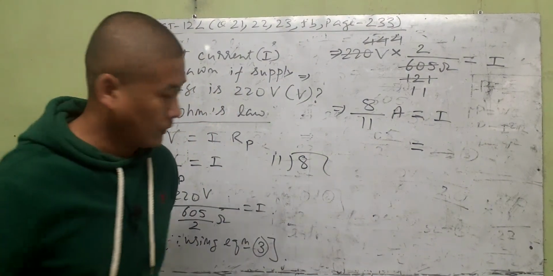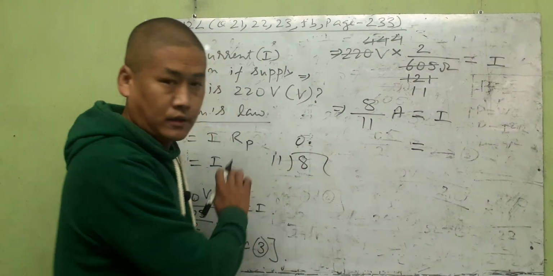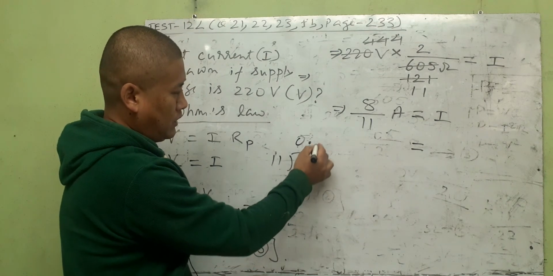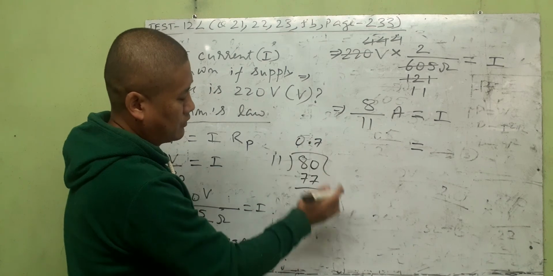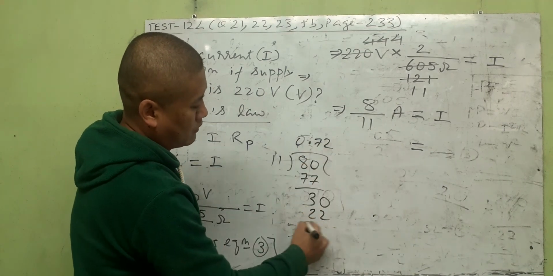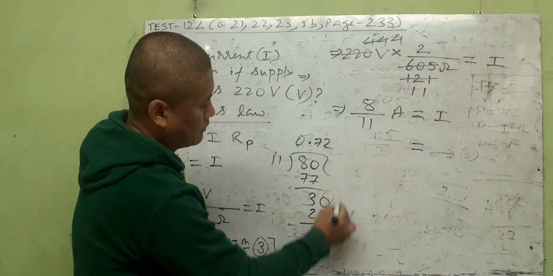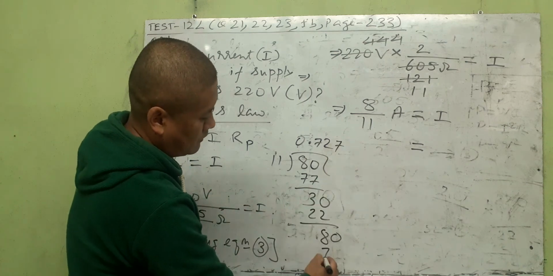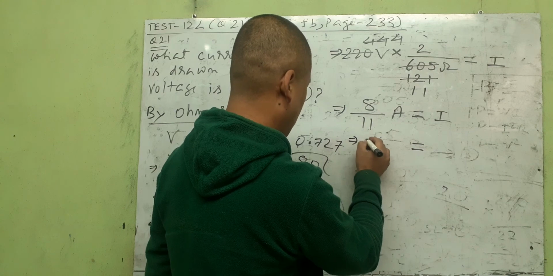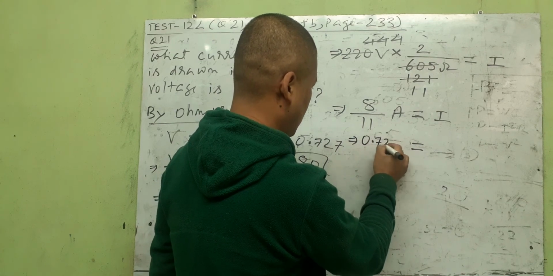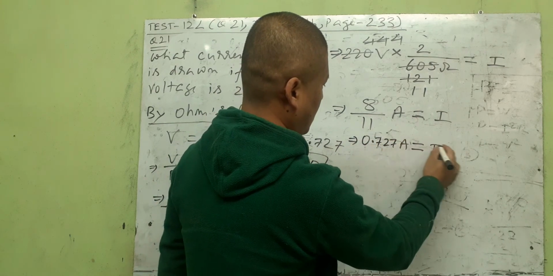So that will be equal to 8 divided by 11. So 0 point, because 8 is less than 11, then 1 0, 11 7s are 77, 3 remainder, the 0 can come because of this decimal, 2s are 22, then 8 in hand, 0, so 11 7s are 77. Up to third place we can go, so we're going to get 0.727 ampere is the I value.